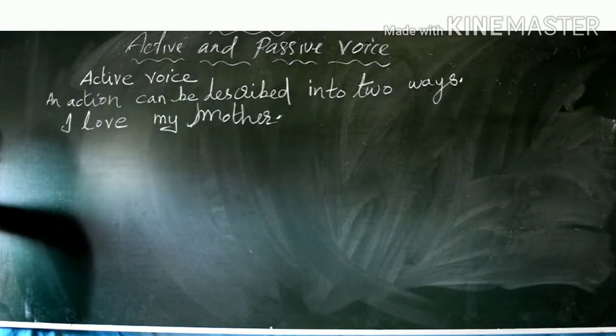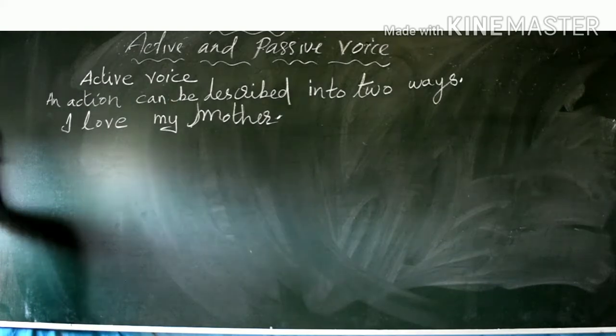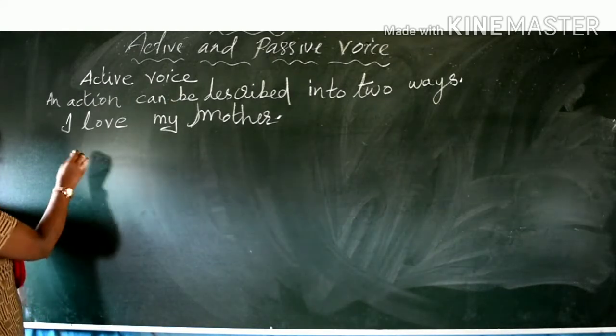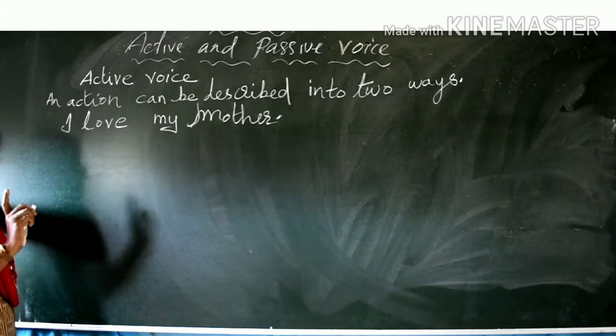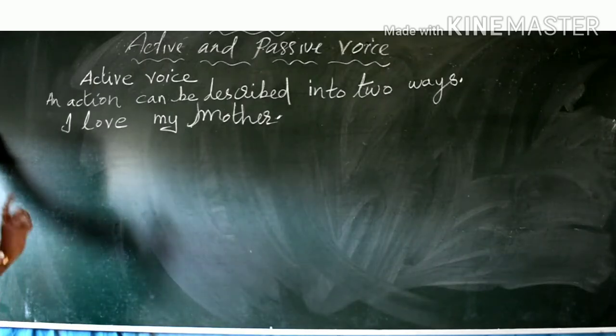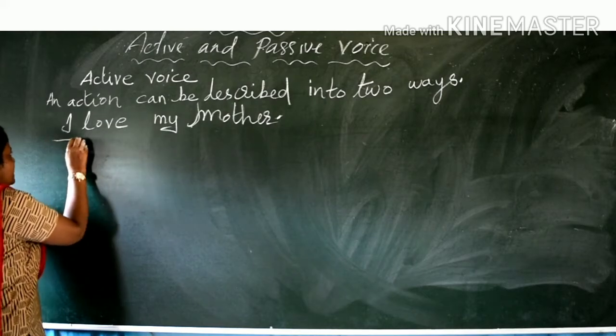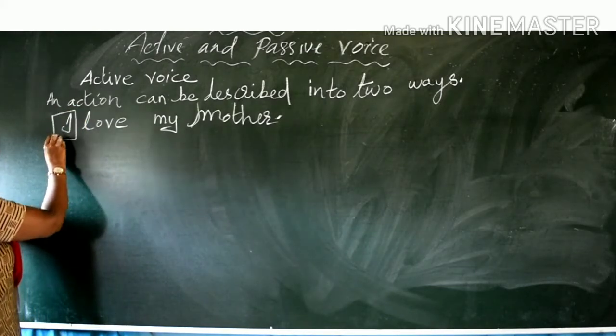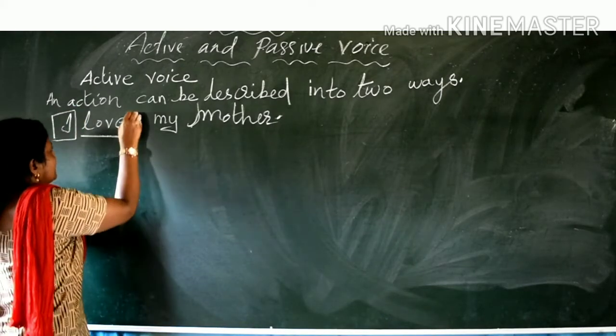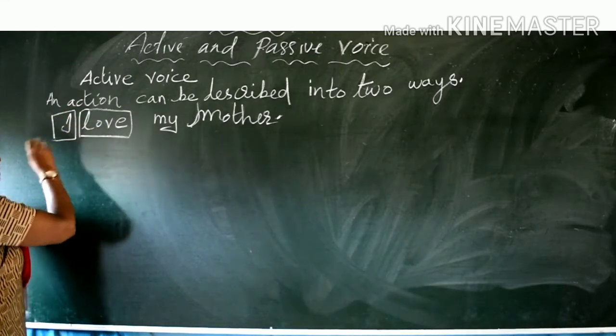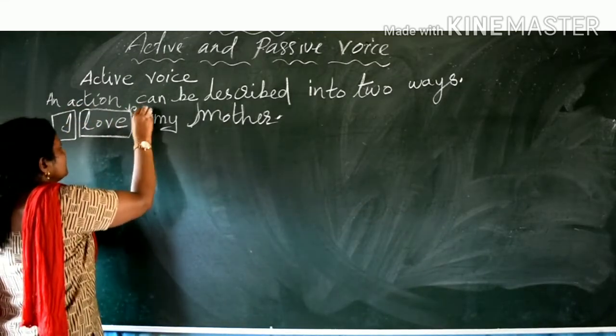I love my mother. So first step is, first we will identify subject, verb and object. Subject here is I. Who does the action? That is subject. And the action performed is verb.